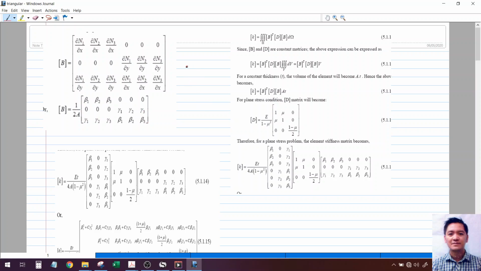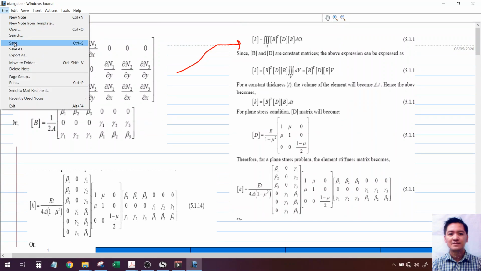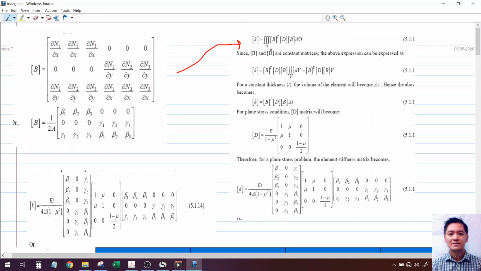Now, we know from the start that our K matrix is this. No, even in axial, in beam, we've been using this. No, B transpose DB d omega. Okay.